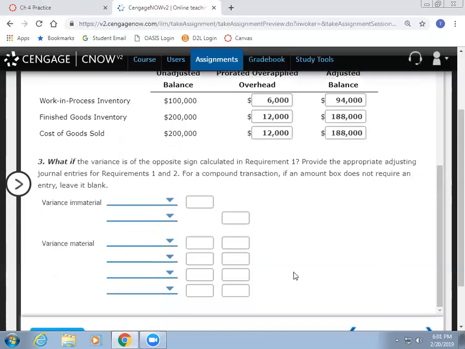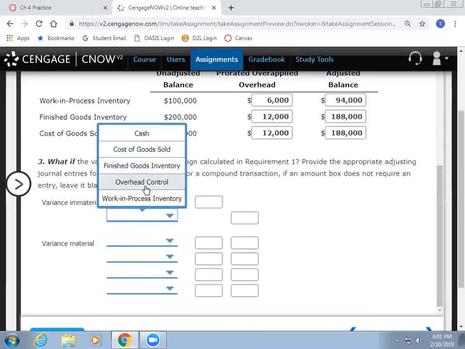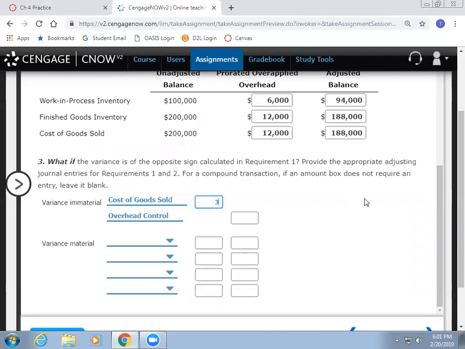So it's really just a flip of that original variance. If actual is greater than applied, that means it's under applied, and we're going to debit that to cost of goods sold and credit the overhead control. So it's just a reversal of what we did if it was over applied.